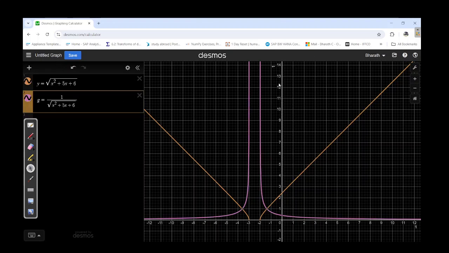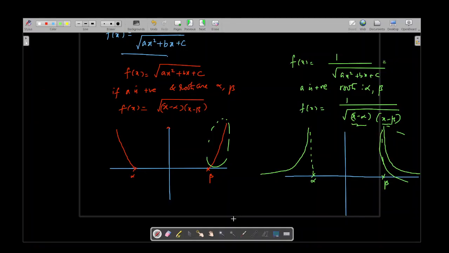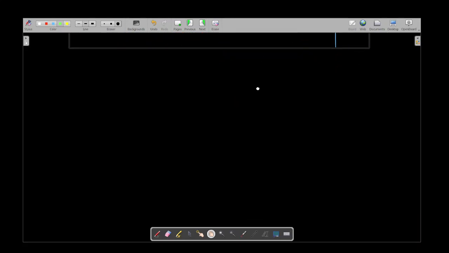The reciprocal function starts from infinity and goes to 0. Now let us see what happens when you take a as negative.